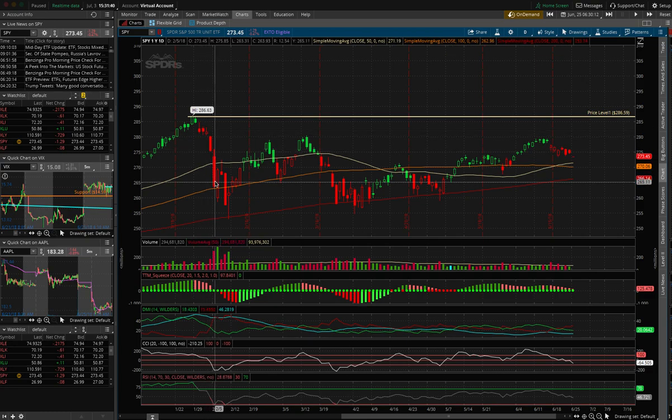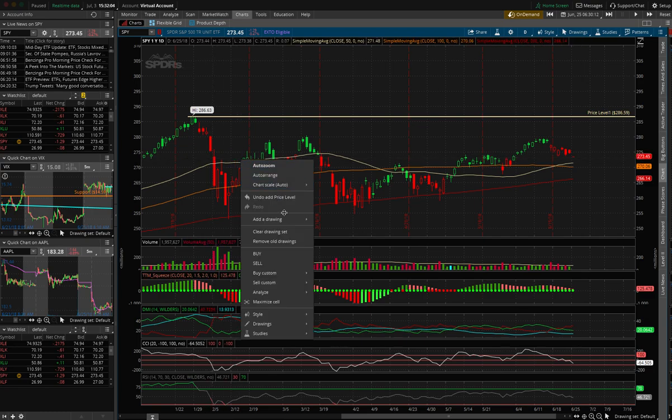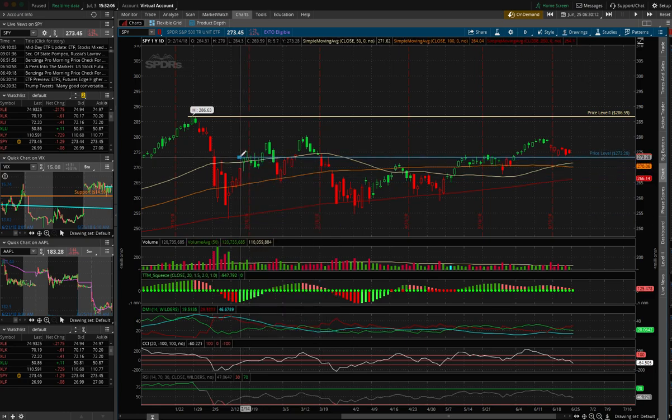Then it came down here and bounced right off this red line, which is the 200-day moving average. So that was its support. We had some bounce here as well, then it comes up and we have this resistance right here. So we could put this resistance level here. Then we have some support right here.